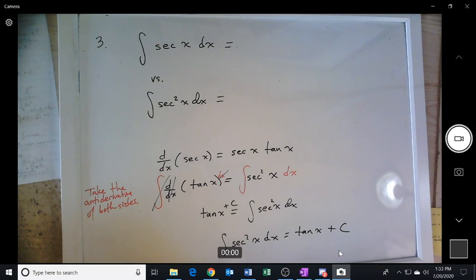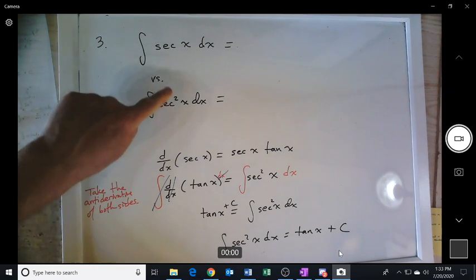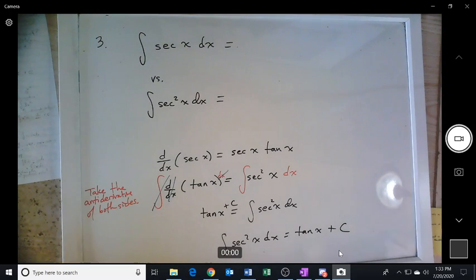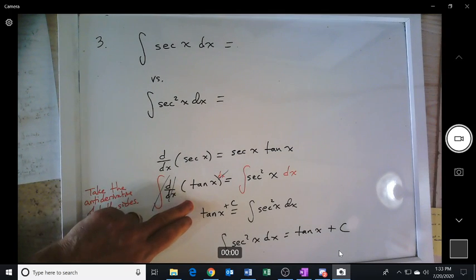We get this. What we find out is that something strange is happening. We can find the integral, or the antiderivative of secant squared, but we can't find the antiderivative of secant. How come we can't find the antiderivative of secant? Because it was never the outcome of a derivative.